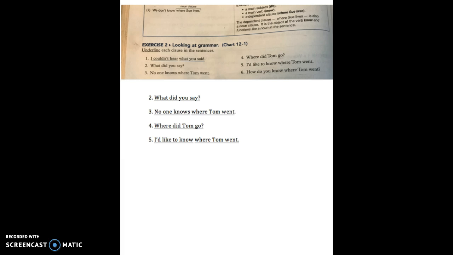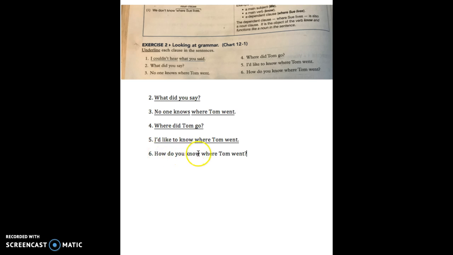Our next one, number 6. How do you know where Tom went? So this one has a question mark at the end. How many clauses are in this question?